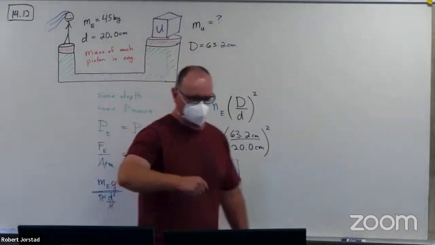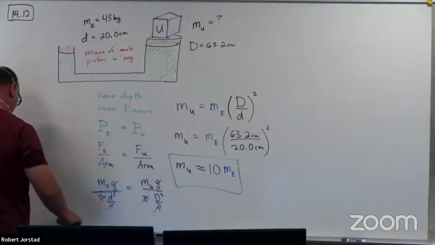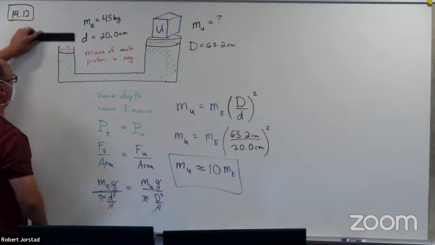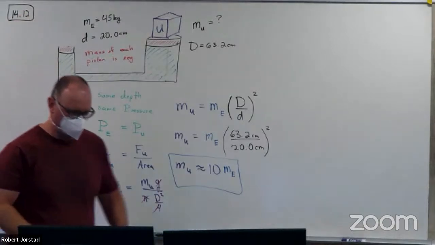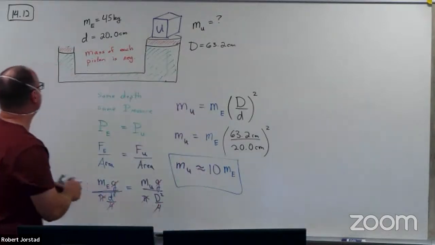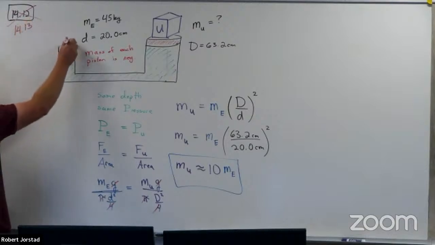What I'm saying is the same principle. Instead of having a person here, what if you did this? And there's a little lever here. So if we skip this, what was the next problem? 14.13, I'm assuming.